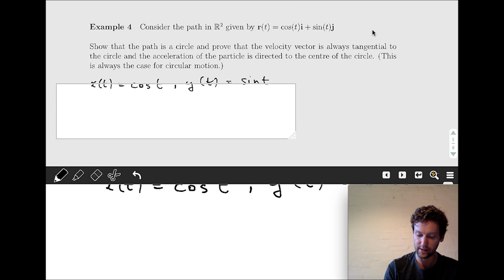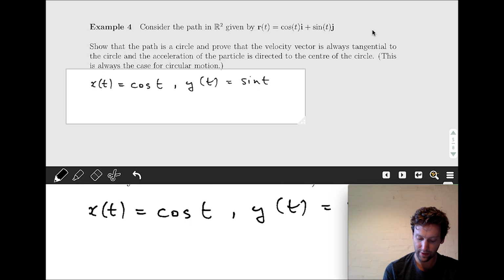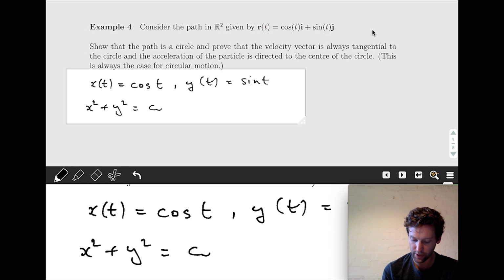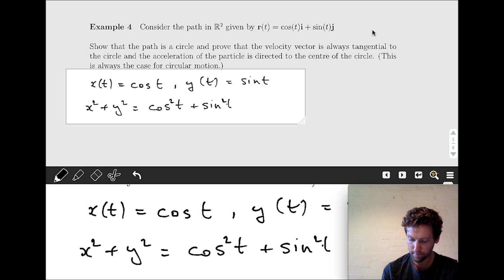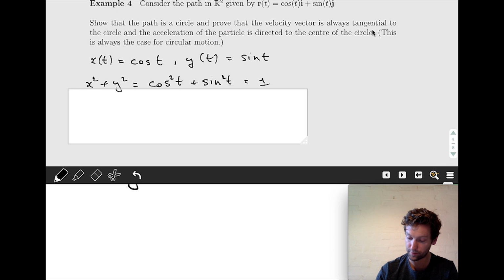So we can see that this is a circle by simply squaring these and adding them together. So x squared plus y squared is equal to cosine squared t plus sine squared t, which is equal to 1.